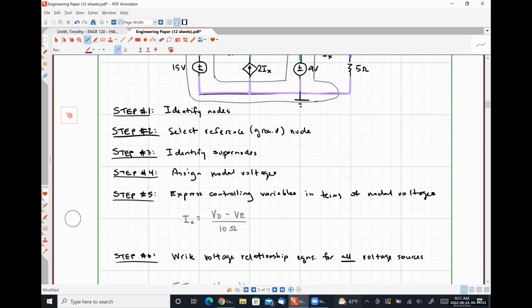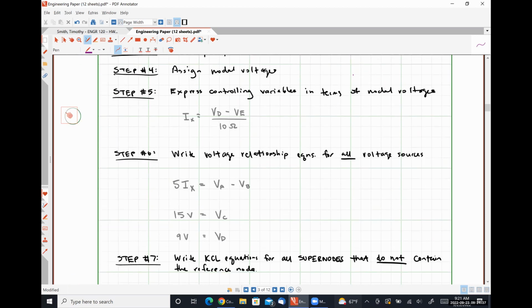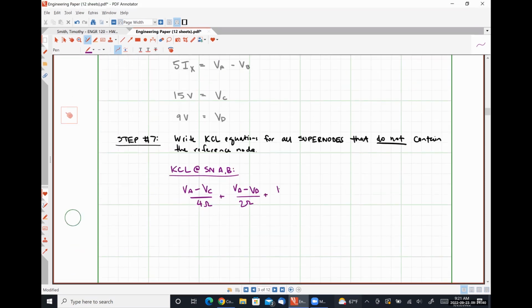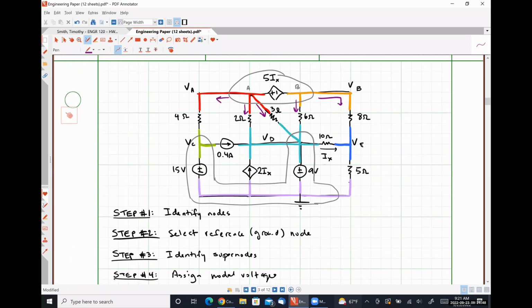Now I want the current flowing diagonally down and to the right through the 3 ohm resistor. Nick Winkleman, tell me what's up with that. Exactly correct. So those are all of the currents that are leaving the VA side of our supernode.